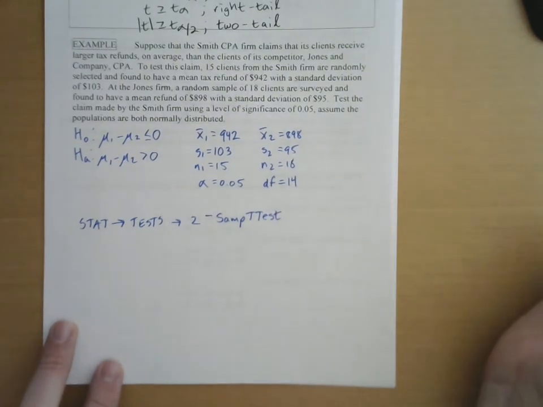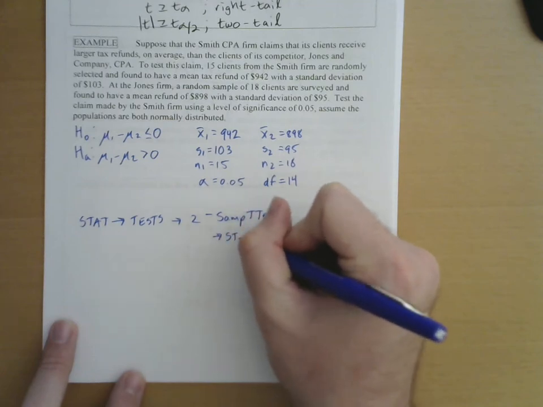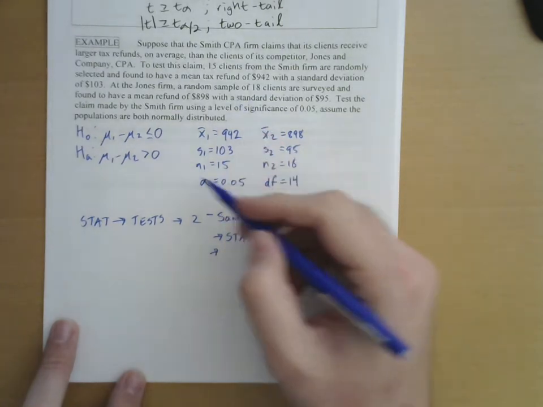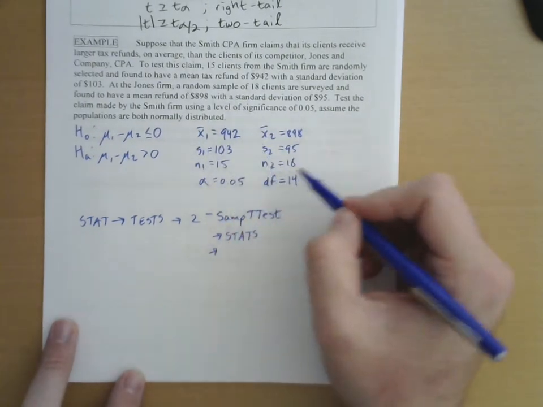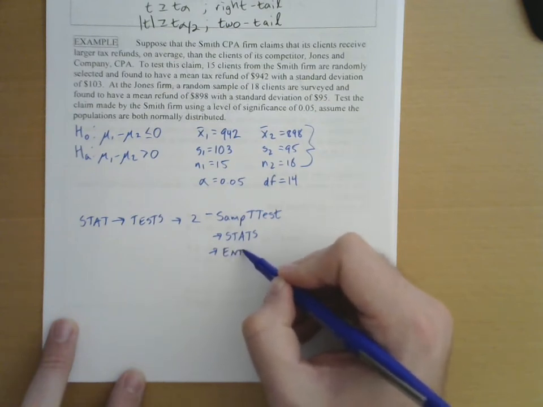I forget which option it is, but this is what we're looking for. You want to make sure that you have Stats selected, and then enter our info. You'll see there are spots for each of these 6 things here. So enter our values.